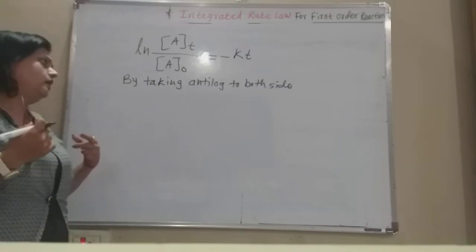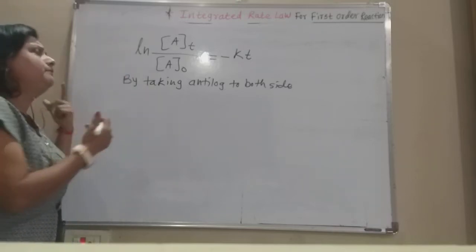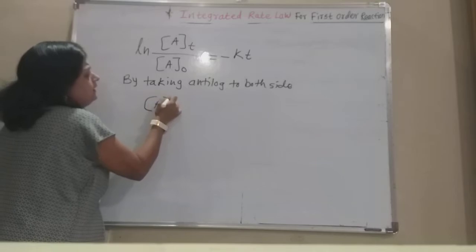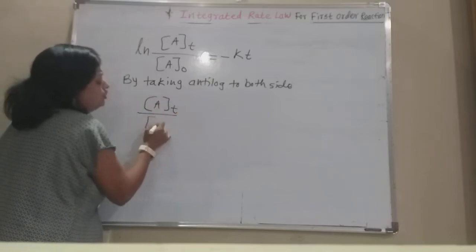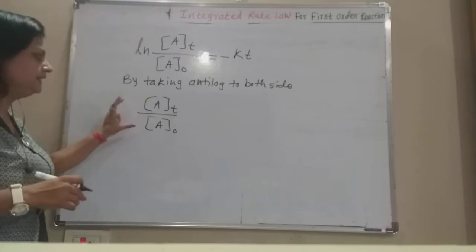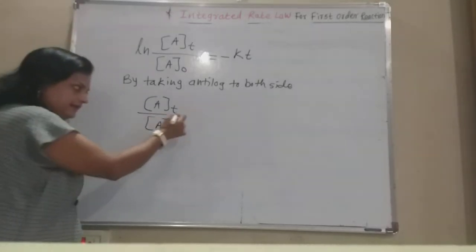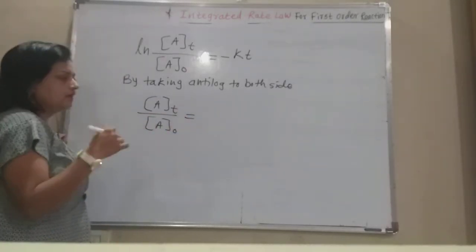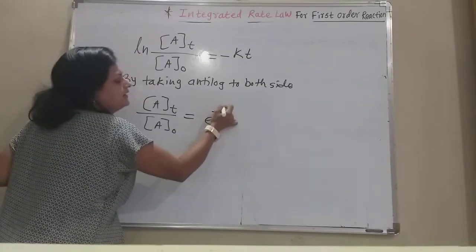If we take the antilog of log, it becomes only At divided by A0. You know that. The antilog of the log is only this At divided by A0. And that is equal to e raised to minus kt.